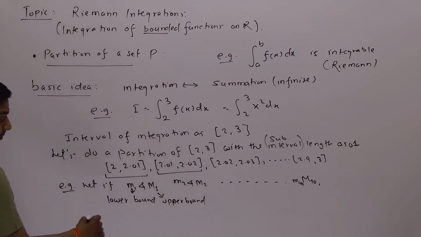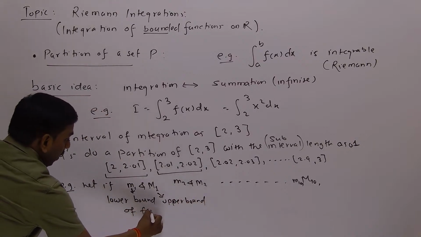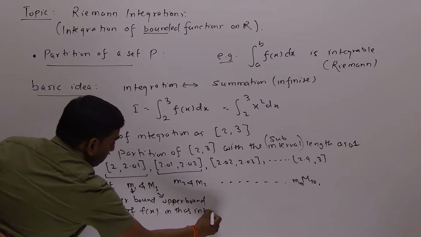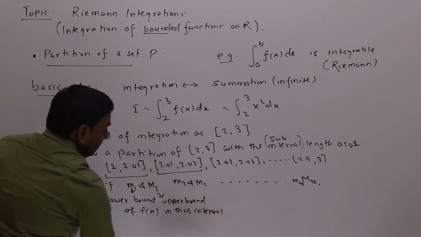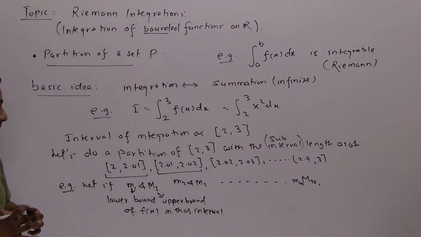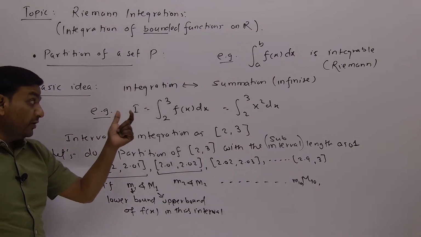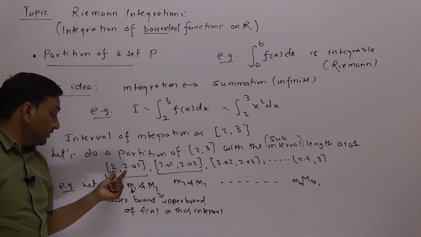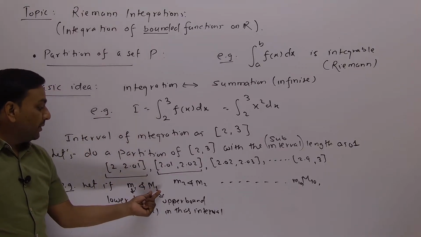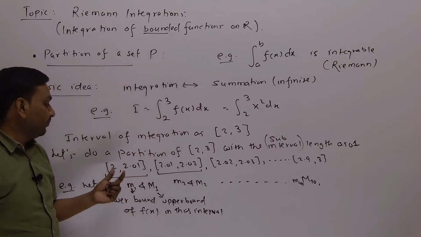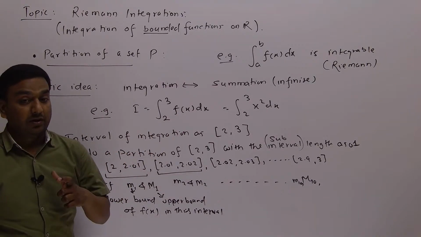Lower bound and upper bound of what? Of f of x in this interval. Suppose small m1 is the lower bound of the function f of x in this particular interval. Capital M1 is the upper bound of the function f of x in this particular interval.